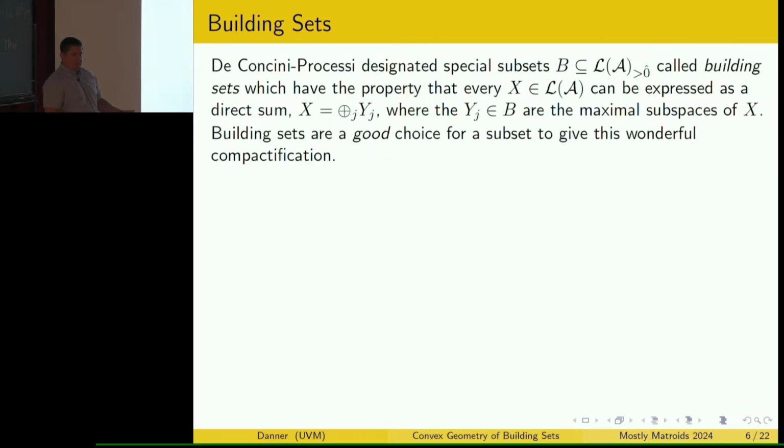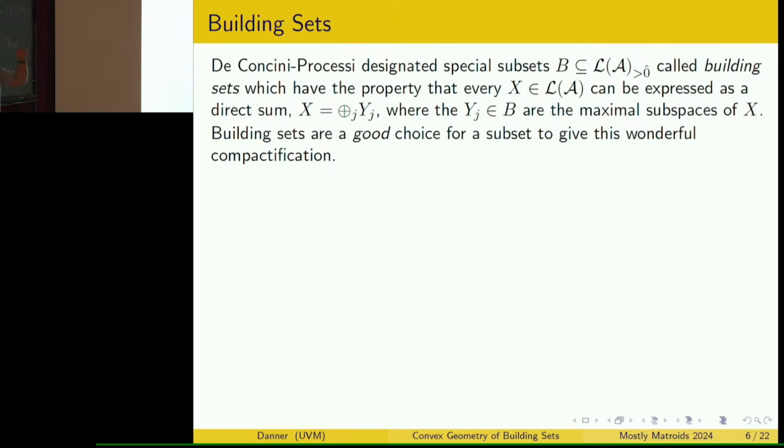So in this seminal paper, they came up with special subsets, which they're calling building sets. They have the property that if you take any subspace, we're looking at vector spaces here, these hyperplane arrangements, you can express it as a direct sum, so there's already kind of the sense of non-intersection, which we'll talk about later.